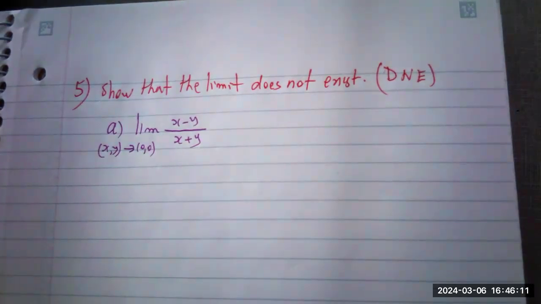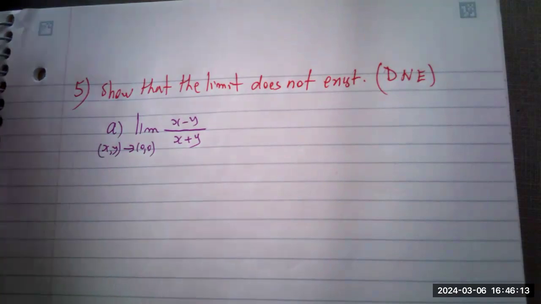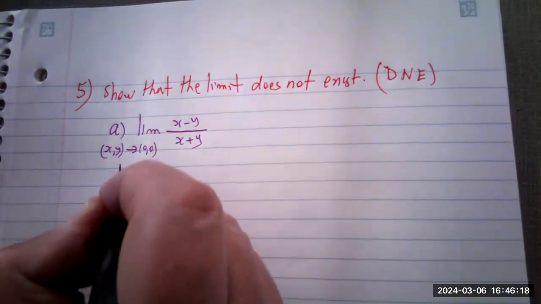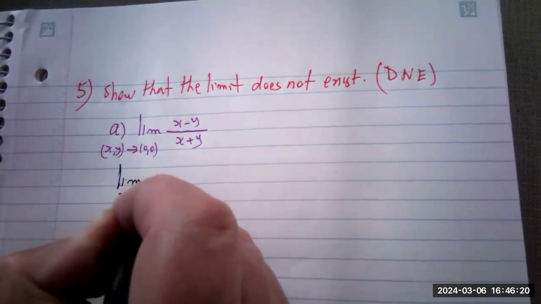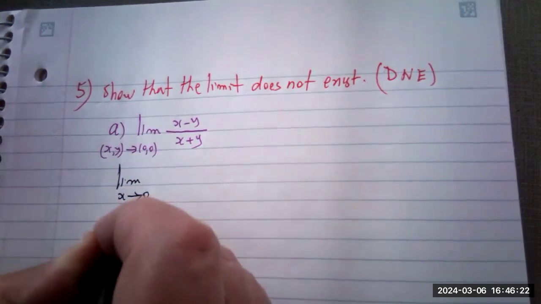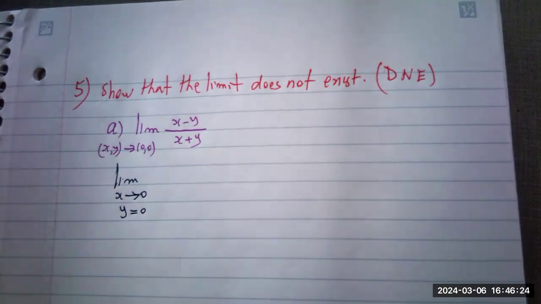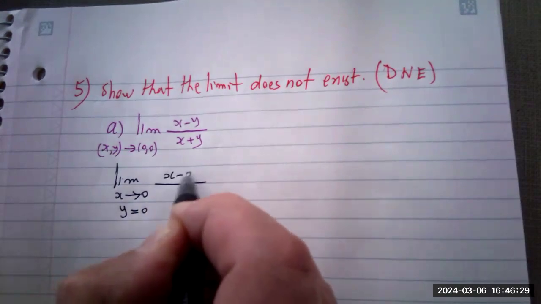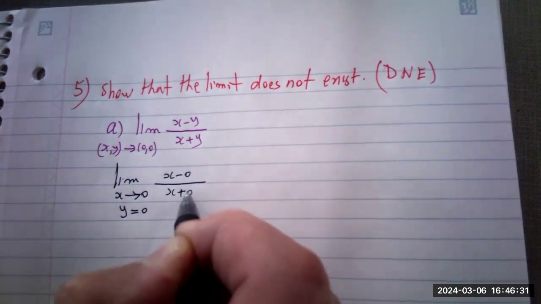We talk about it. So the first option is going to be this one. You take the limit where you let x go to 0 and you fix the y. So you substitute for y first, that gives you x minus 0 over x plus 0.